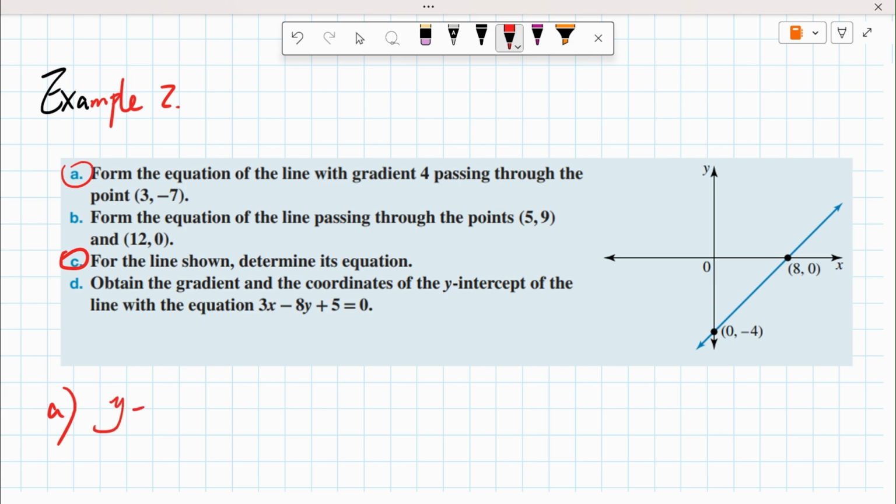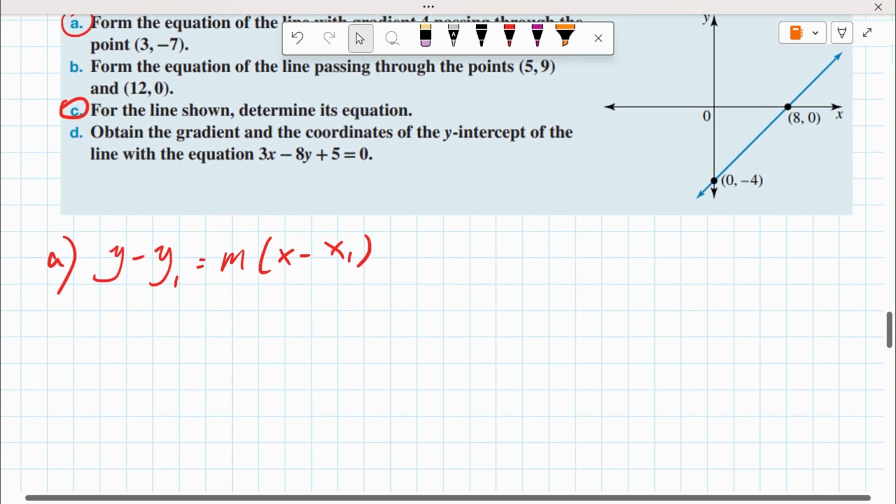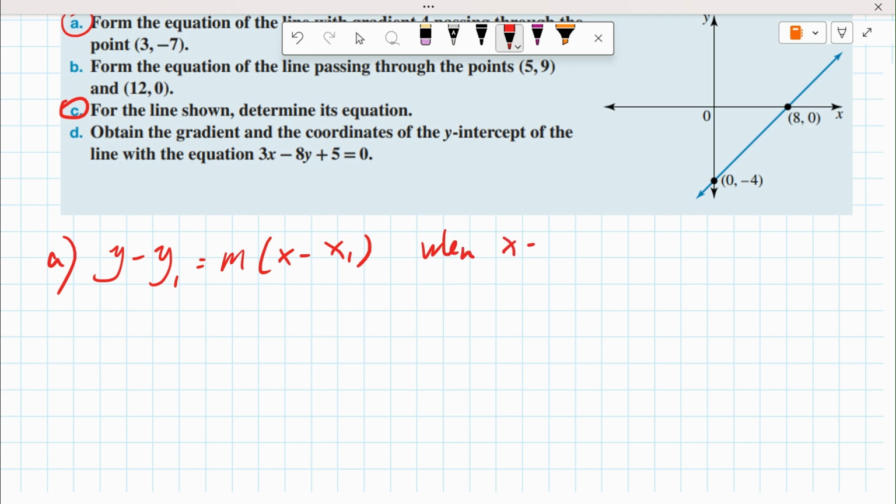So we say y minus y1 equal to m times x minus x1. When x equals 3, y equals -7, that's the point given. So y minus -7 equal to 4, the gradient, times x minus 3.